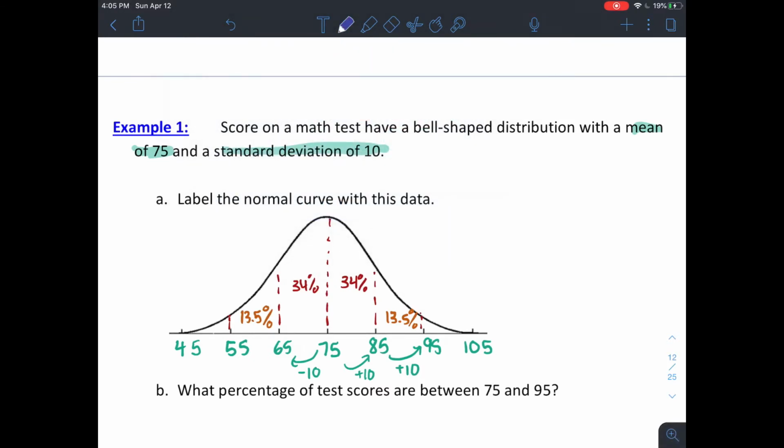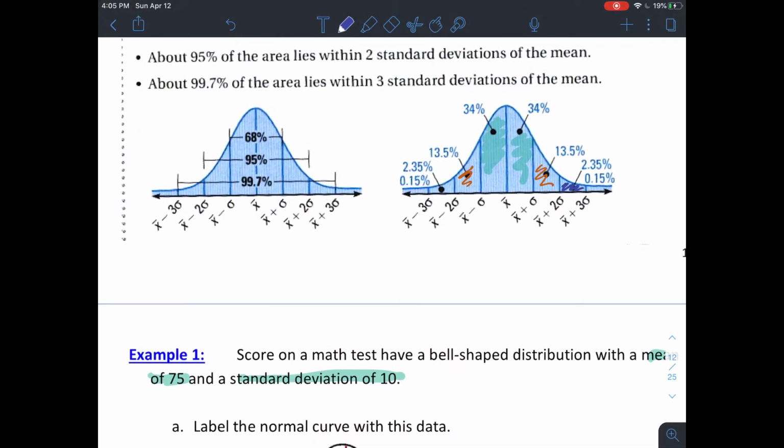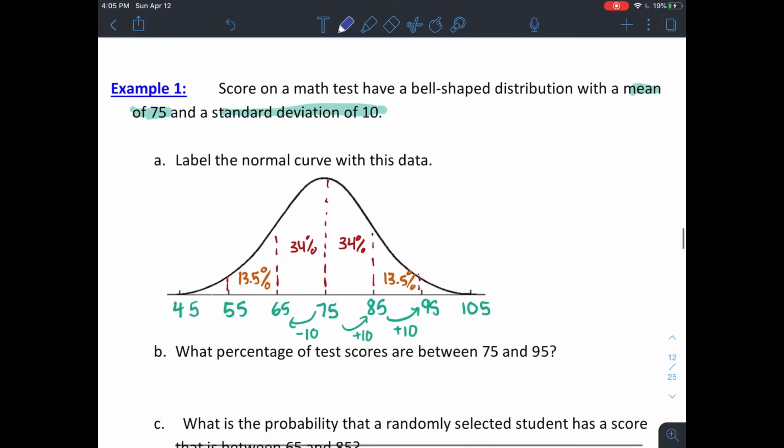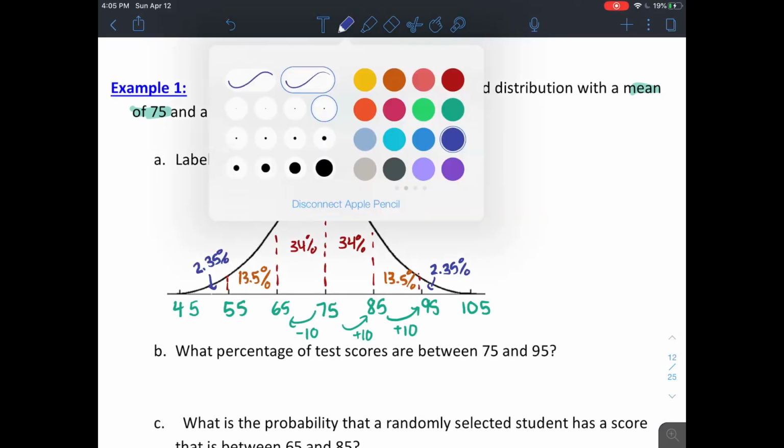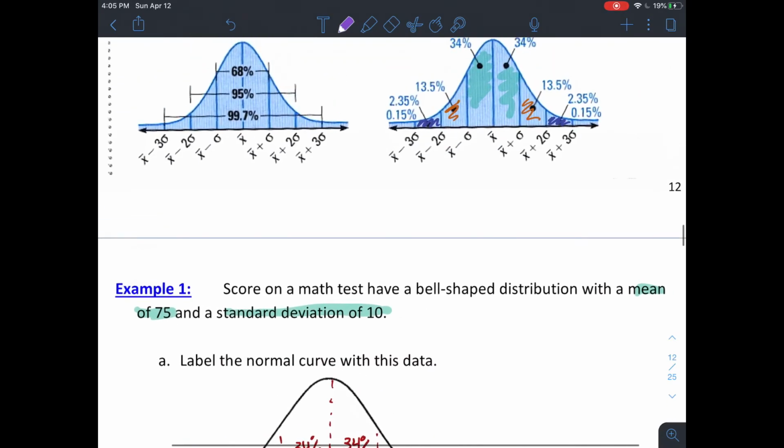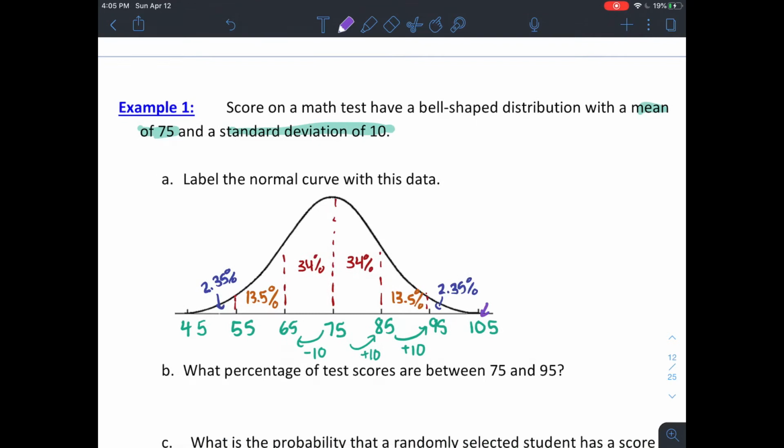Then 3 standard deviations out is a 2.35% probability. Your probabilities are getting smaller as you go outwards from your mean, because most of your test scores are going to fall in the middle. And 4 standard deviations away, you can barely even see it on my distribution, is 0.15% of my data values.